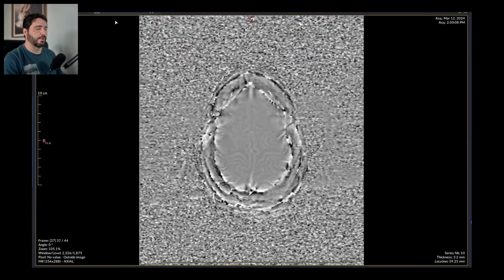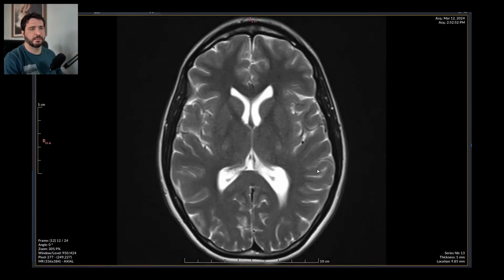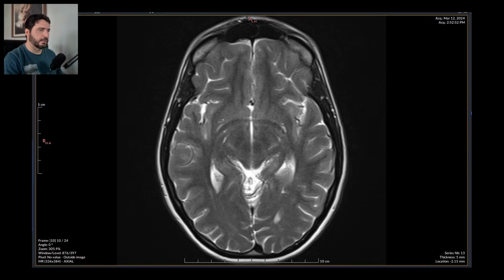Let's go for May of this year. It seems it's a very similar scan, so I'm not going to waste a lot of time. Where is the FLAIR?